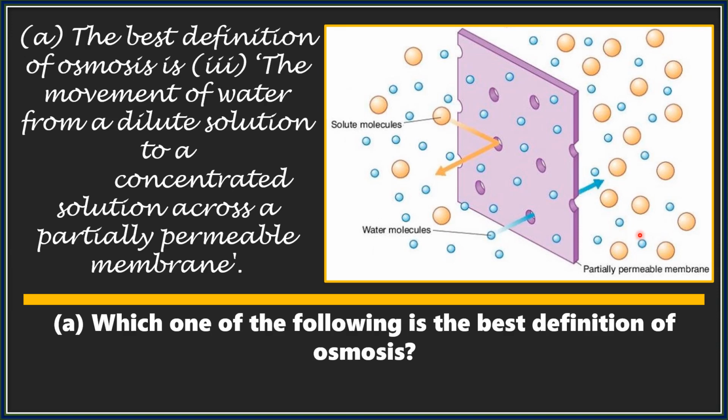So this side is less concentrated, or dilute, and the other side is concentrated. So water molecules will move from a dilute solution through the partially permeable membrane and cross and go to the other side where the solution is concentrated.